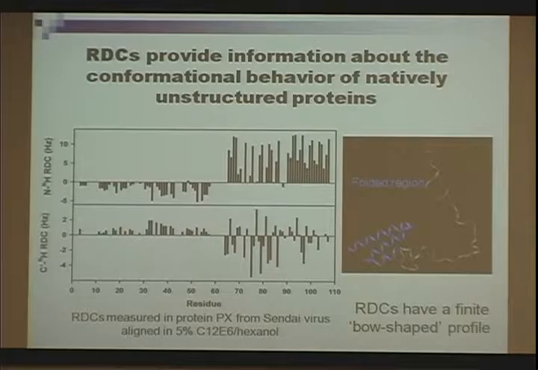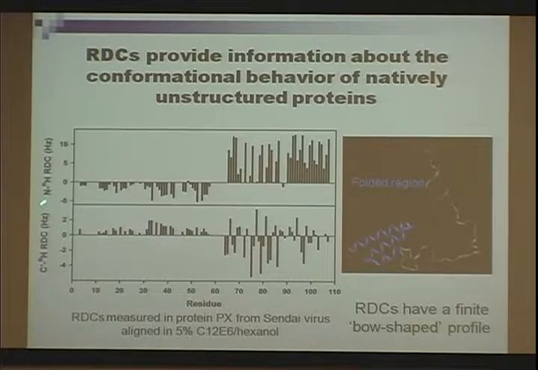And we understand this by saying that in these natively unstructured proteins, in the middle of the protein, the system tends to be more elongated than at the ends. At the ends, it's waving around an awful lot, and the averaging is driving the RDC values to zero. But in the middle of an unstructured protein, due to global steric interactions, they tend to be more extended, and therefore slightly more structured, and this is therefore giving us a larger residual dipolar coupling.